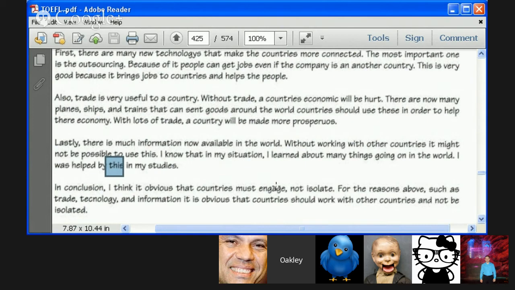I was helped by this. Oh, I guess I was helped by the fact that I learned about many things. The sentence itself is grammatically okay, but again, kind of vague. Helped by learning many things, I guess.